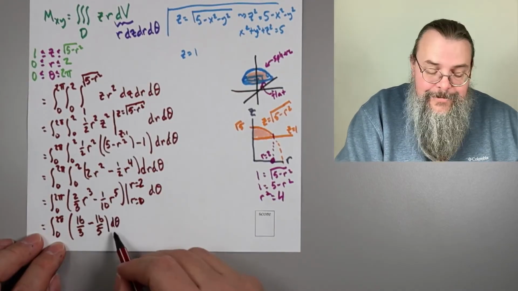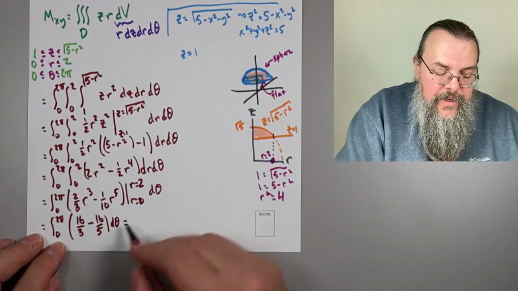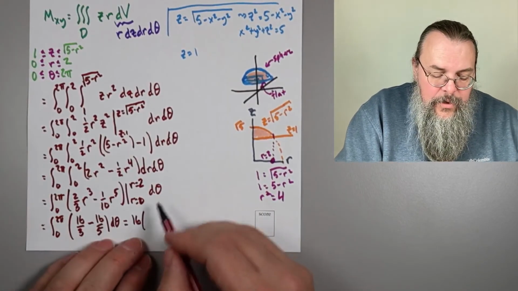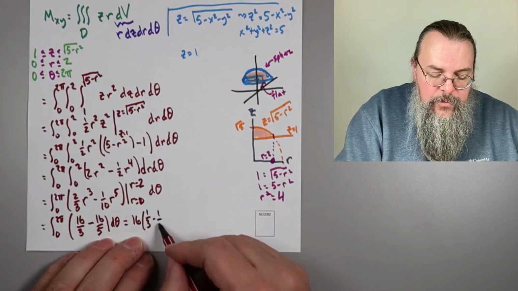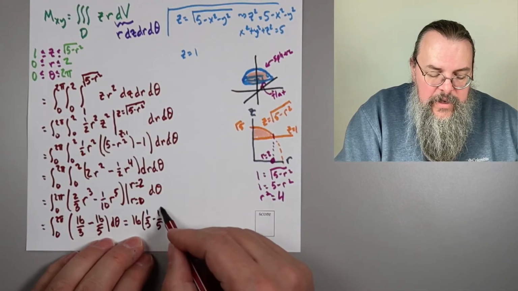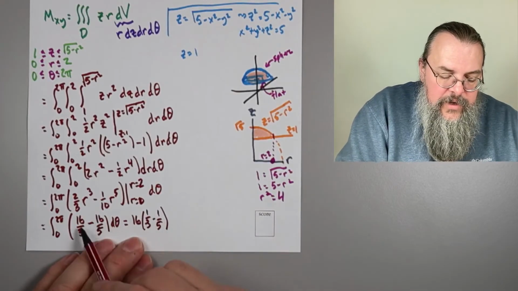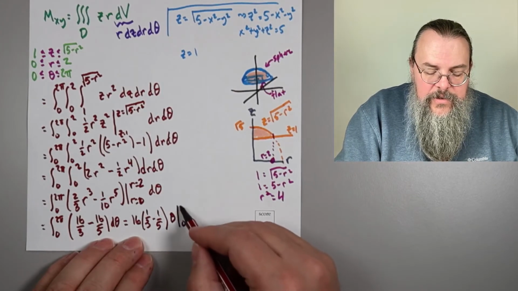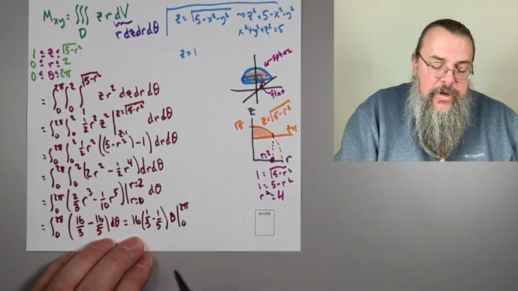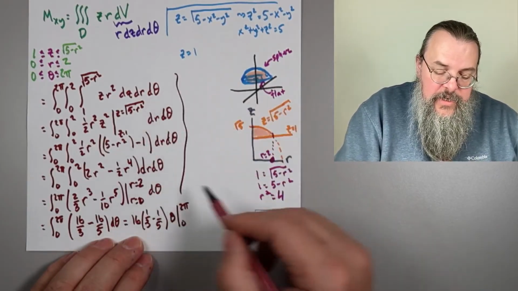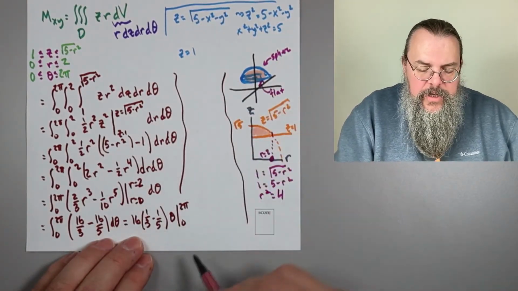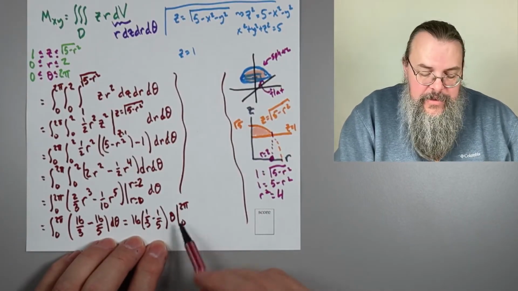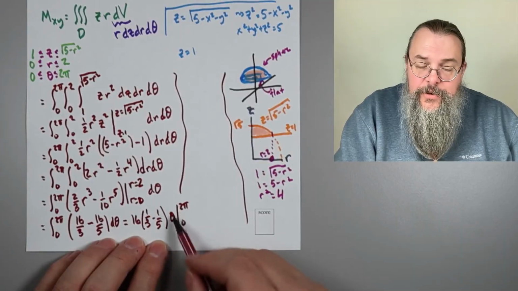This is a constant, and so we can go ahead and pull it out. And notice they both have 16. So this is 16 times 1/3 minus 1/5. And now when we integrate the rest, we'll get theta, evaluated 0 to 2 pi. Okay, we're almost there. We'll squeeze it in. When you plug in the evaluation at the end, you have theta from 0 to 2 pi, which means this will be a 2 pi.